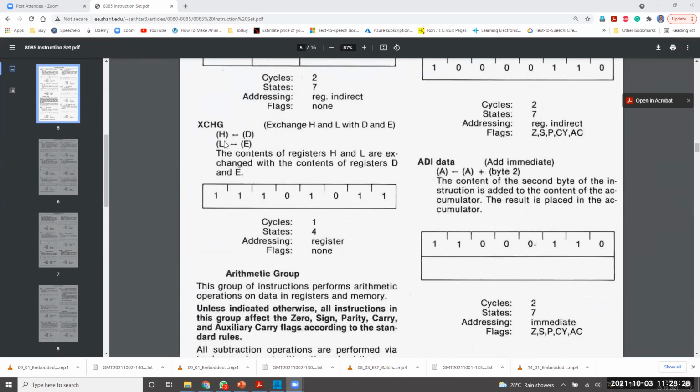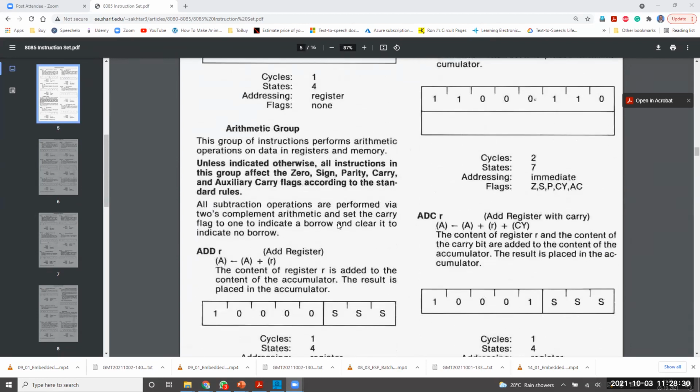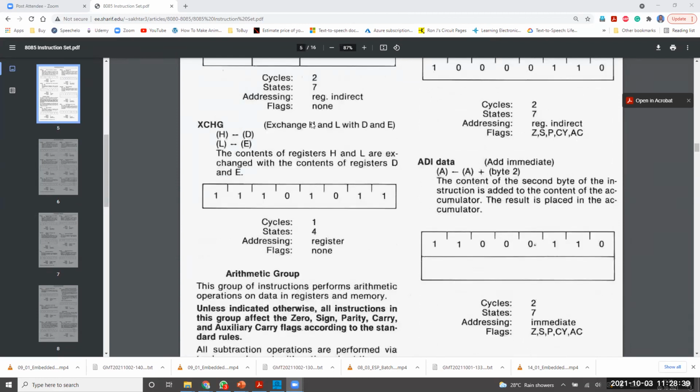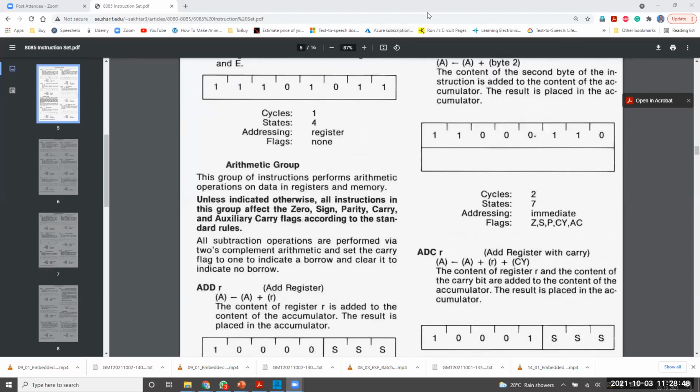Exchange HL and DE. We do not have to specify the other one. The instruction itself is only a 4-letter word. You need not specify because by default, XCHG means HL and DE only, not other registers.